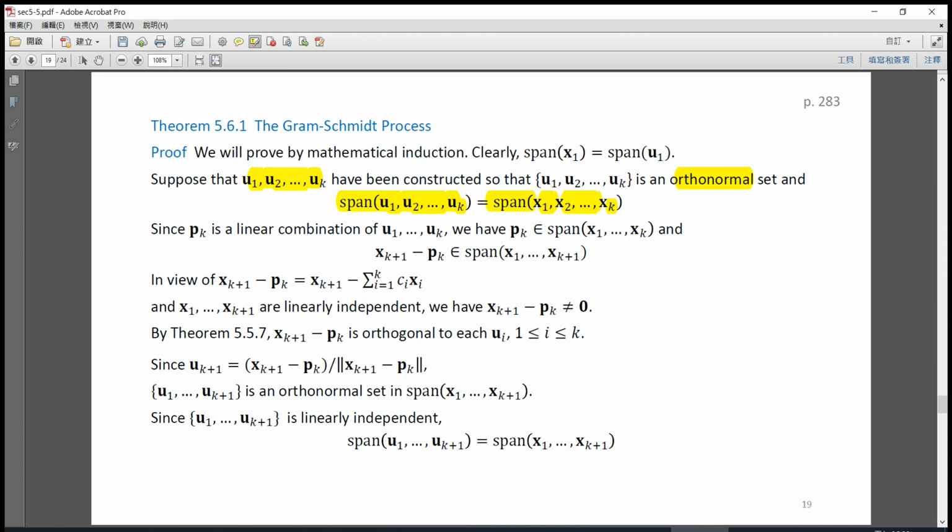We want to prove that if uk plus 1 is constructed in the same manner, the span of u1, u2, up to uk plus 1 equals the span of x1, x2, up to xk plus 1.